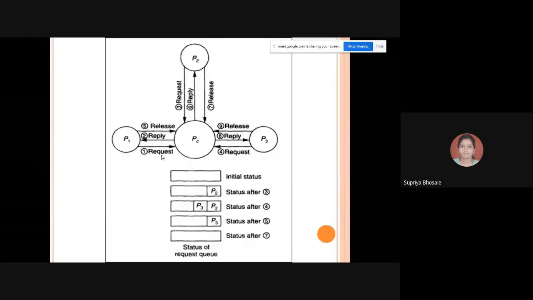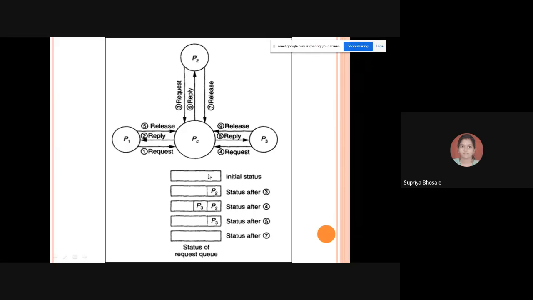Now, on receiving the request message, the task of PC is to check whether some other process is currently in the critical section or not. When P1 is sending the request message, your initial status is that the queue is empty, right?